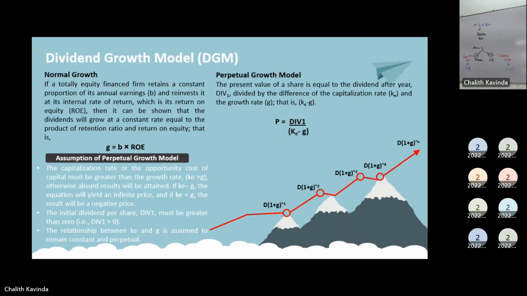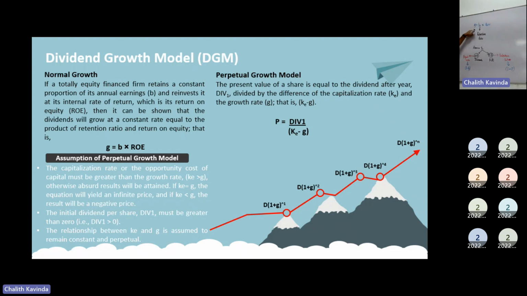Here you could see, when it comes to normal growth, it says if a totally equity-financed firm retains a constant proportion of its annual earnings and reinvests at its internal rate of return, which is return on equity, then it can be shown that the dividends will grow at a constant rate equal to the product of the retention ratio and the ROE.